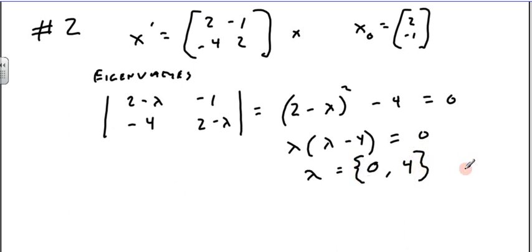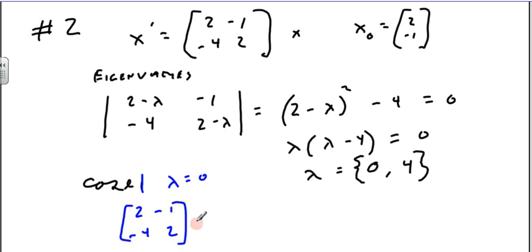Okay, now we need eigenvectors. Case 1. Lambda is equal to 0. [2, -1; -4, 2] times v1 is supposed to be 0.